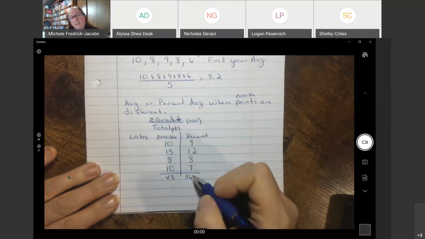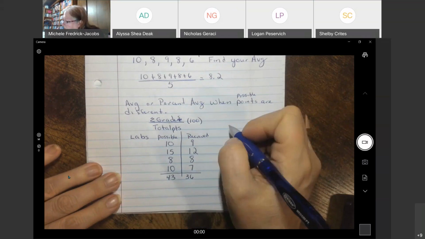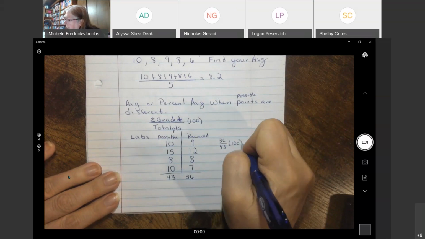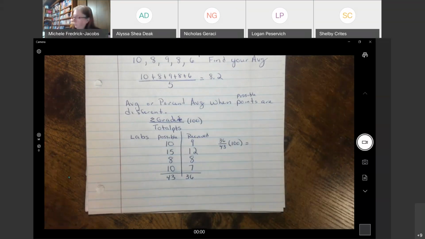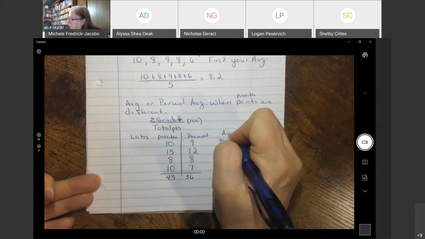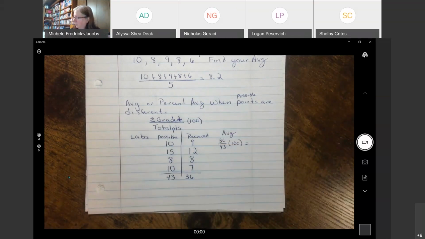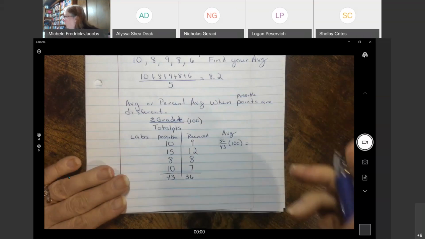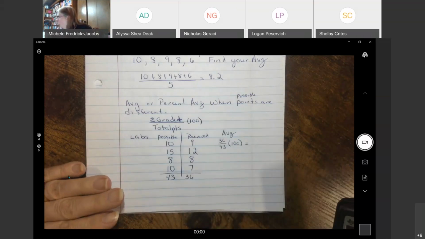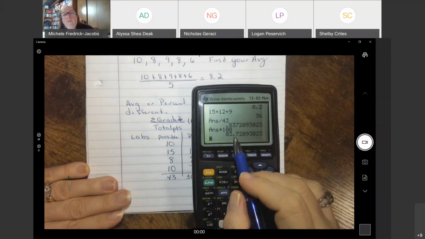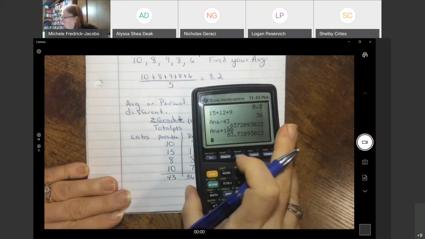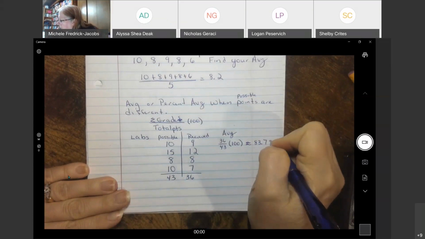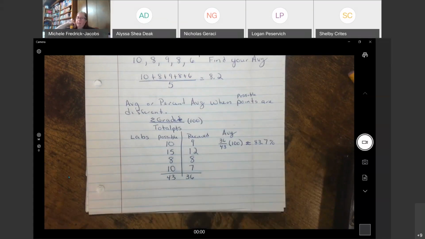To find the average, then we take 36 divided by 43. And then to make it a percent, we multiply by 100. I'm going to round to one decimal place, so it would be 83.7. So the average on the labs will be 83.7.